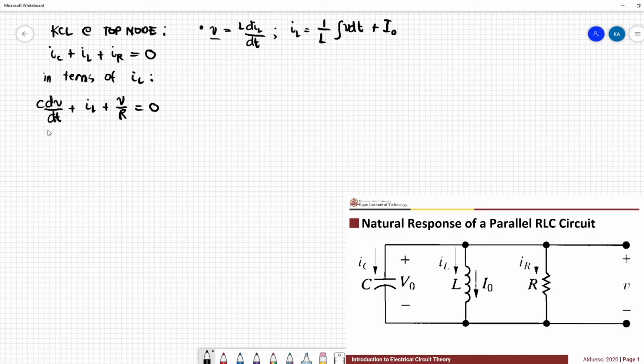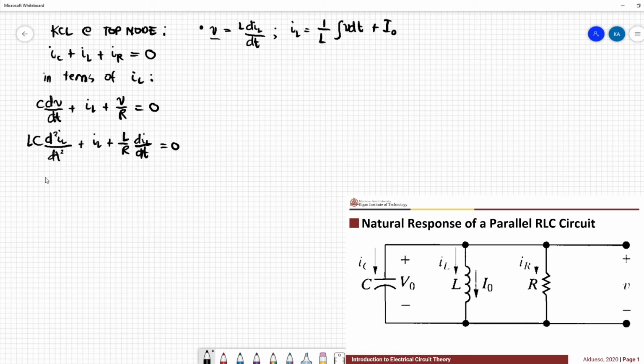So this term becomes L times C, second derivative of IL over dt, plus IL plus L over R dIL over dt equal to 0.